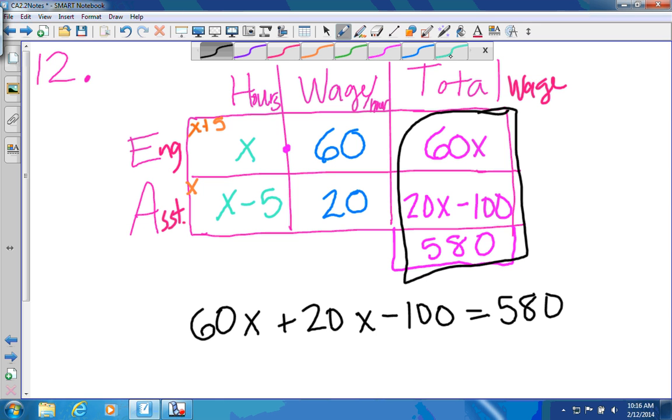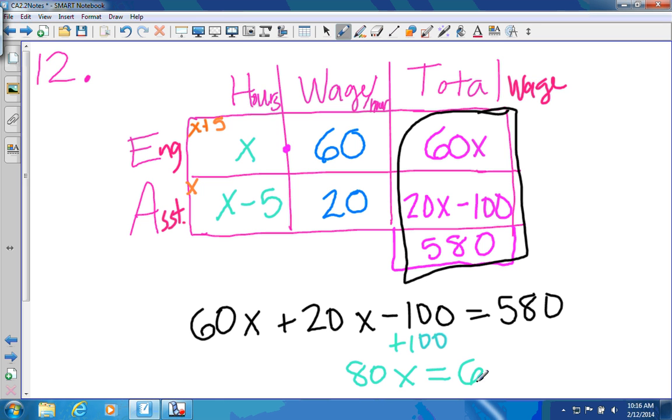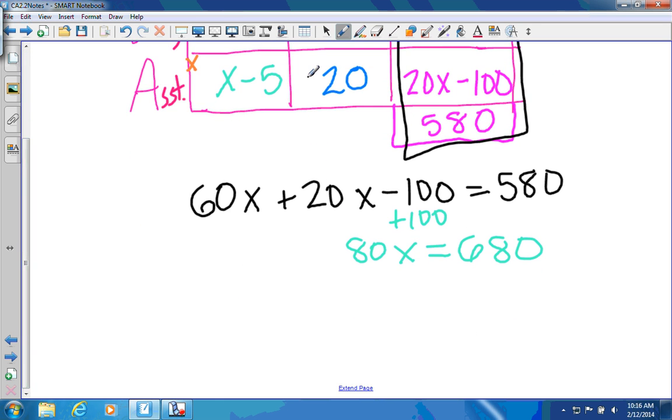Now you're going to have to solve this by adding 100, and you get 80x equals 680. And then finally, dividing by 80, x will equal 8.5.